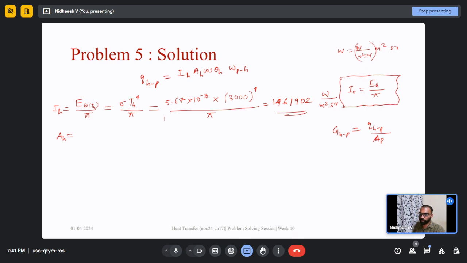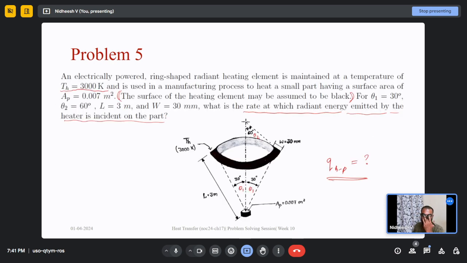Area of the hot surface. How can we find out area of the hot surface? Is it directly given to us? Area of hot surface is not directly given to us, but we have some quantities by which we can find out the area of hot surface.